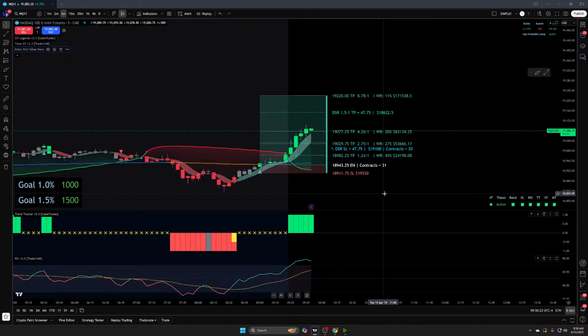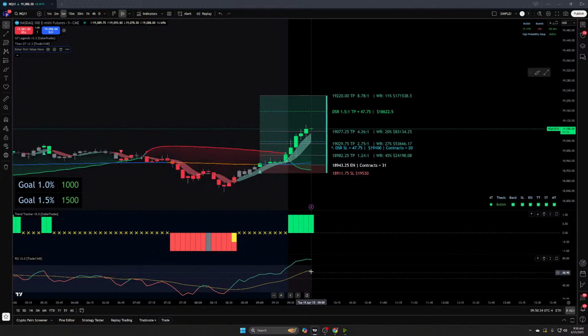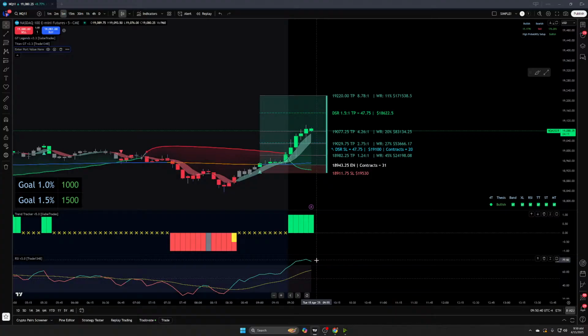Now, we won't start considering any type of reversals, or even have any assumption of reversals, until we see the other side here right below the moving average. This here is critical for anyone contemplating the idea of a reversal. Wait for your other side to break below your moving average.